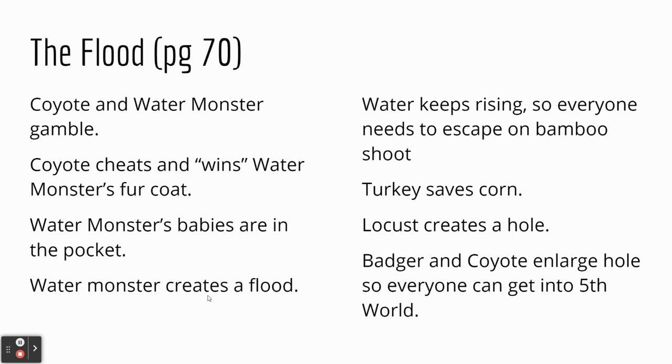Coyote refuses. And so Water Monster creates a flood. The water keeps rising and rising and rising, as in every flood story of mythology ever. Everyone needs to escape on the bamboo chute. Turkey saves corn, so one of the food sources has a sacred element to it because it was saved from the flood by Turkey.